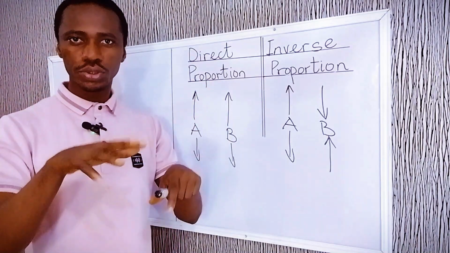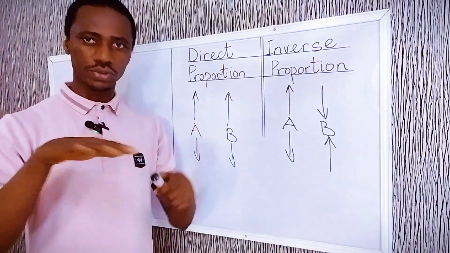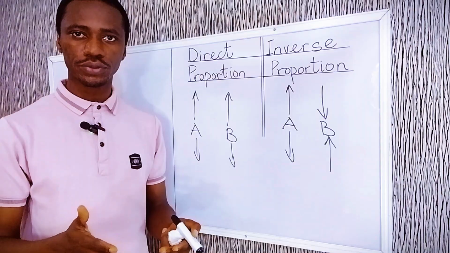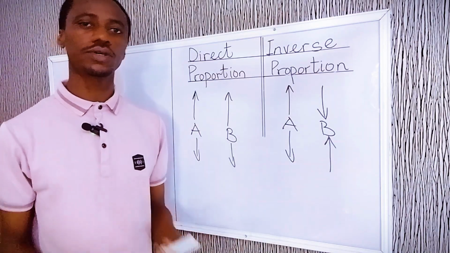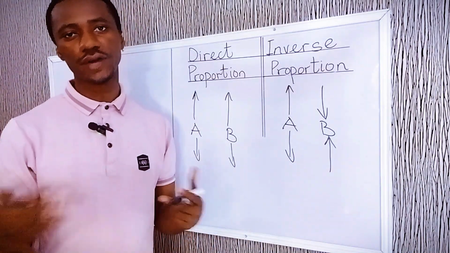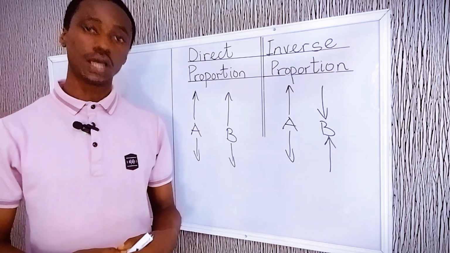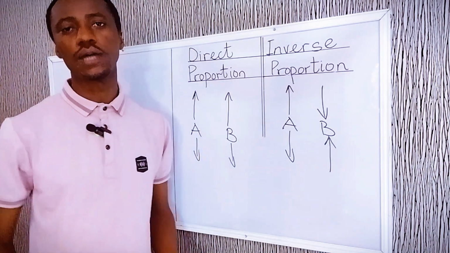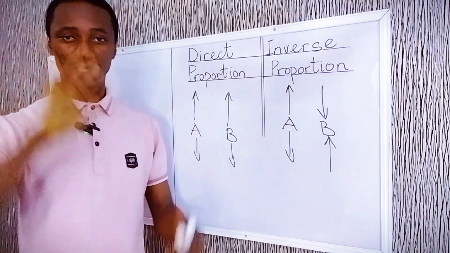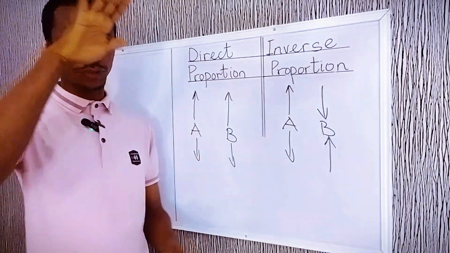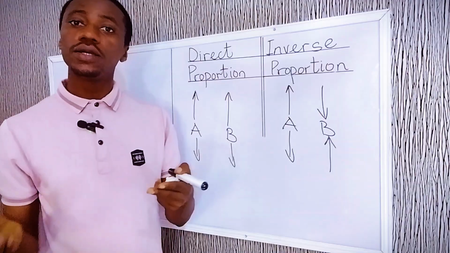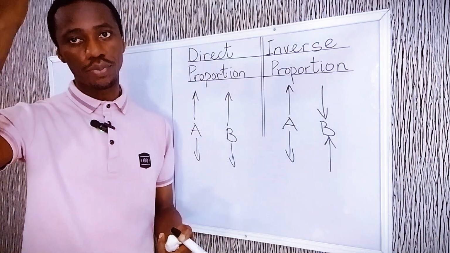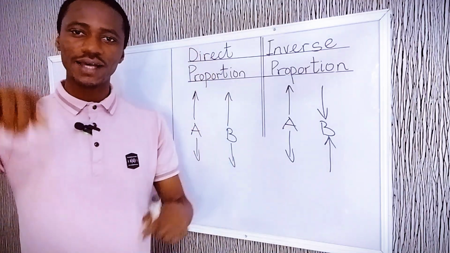So the more people, the less time they spend, and the fewer the people, the more time they spend. Imagine something that 5 people should do for 5 hours, and then you want to leave it for just one person to do. That means the person will spend more time. So as you reduce the number of people, the amount of time will go up. So that is the inverse proportion.